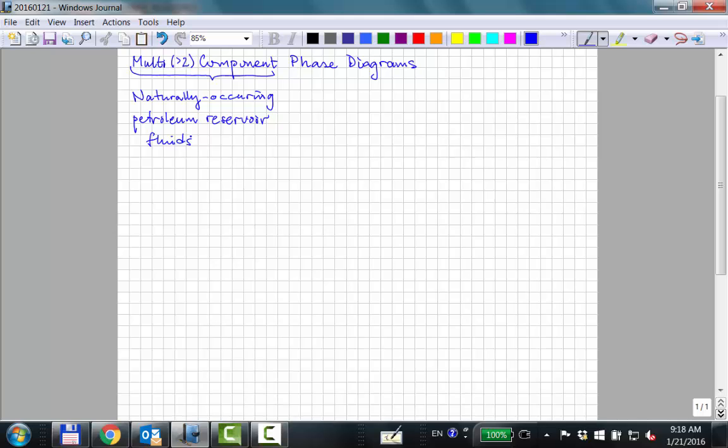But much more often, the great majority of reservoir fluids will contain hundreds if not thousands of different compounds, hydrocarbon compounds for the most part, together with nitrogen, CO2, H2S, primarily as the non-hydrocarbons.